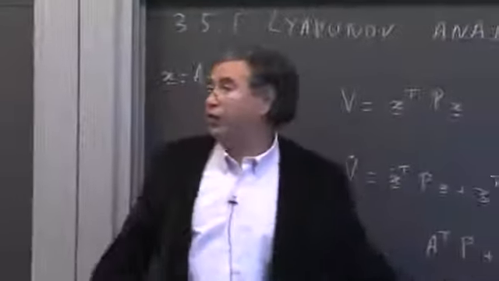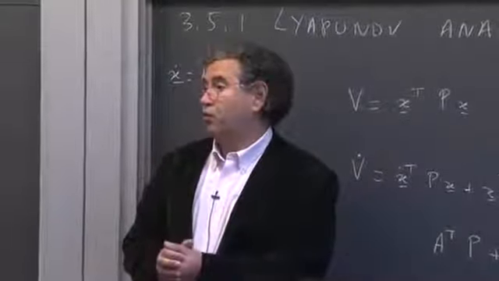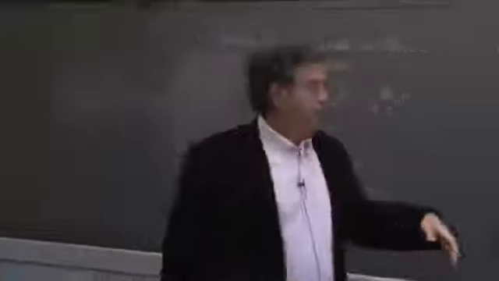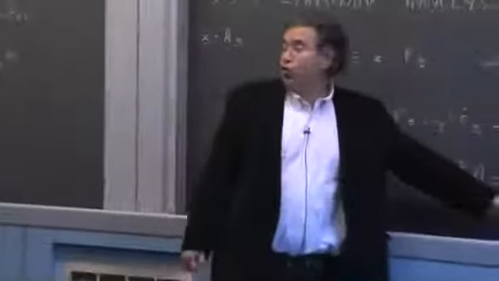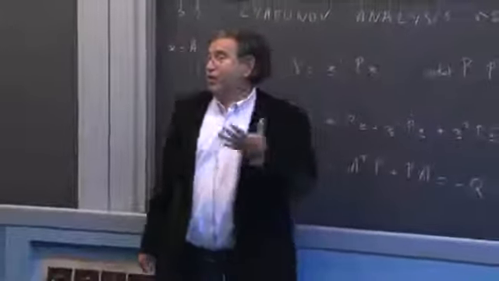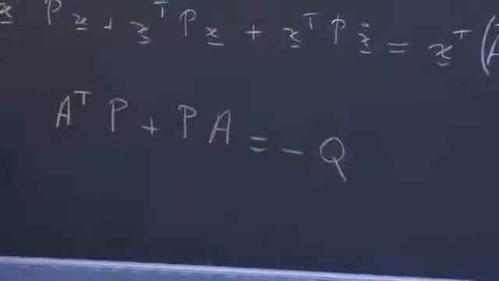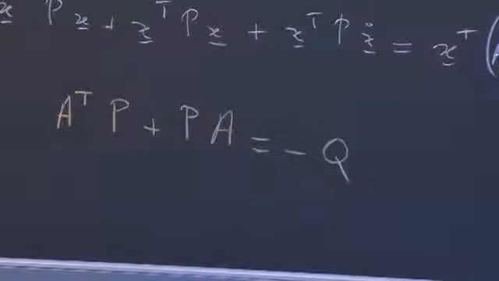Which is just to solve a set of linear equations. You know that P exists and is unique, the same way that you knew the Jacobian existed and was unique, so you can just solve this equation. You start with Q equal identity, and you solve for P.